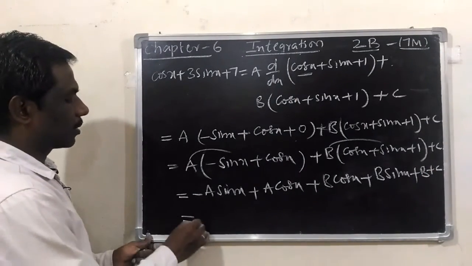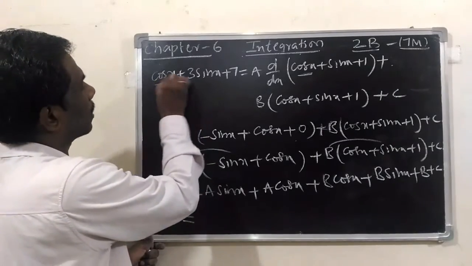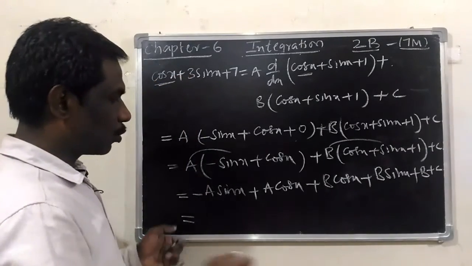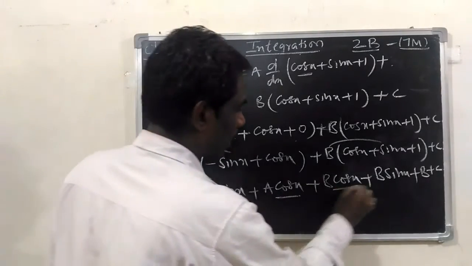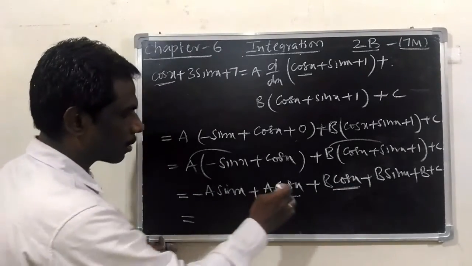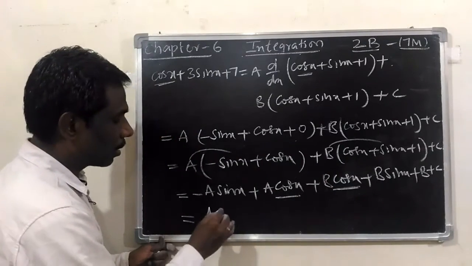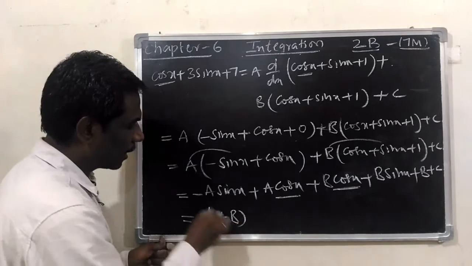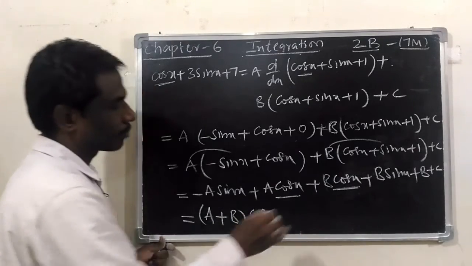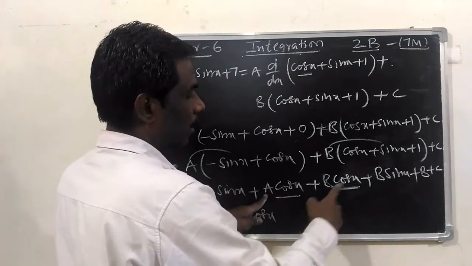After writing this, let us simplify the cos terms. Here there is cos x and here also cos x, so taking cos x common, we get (a plus b) cos x.